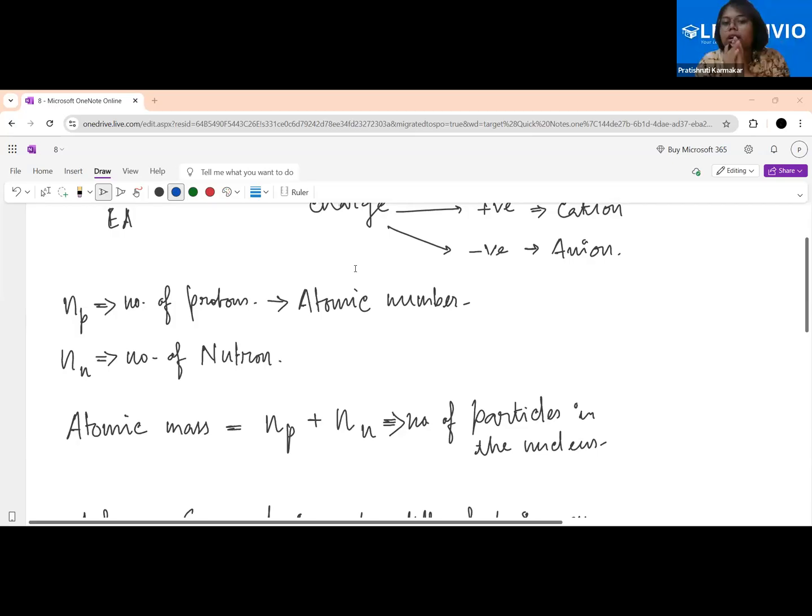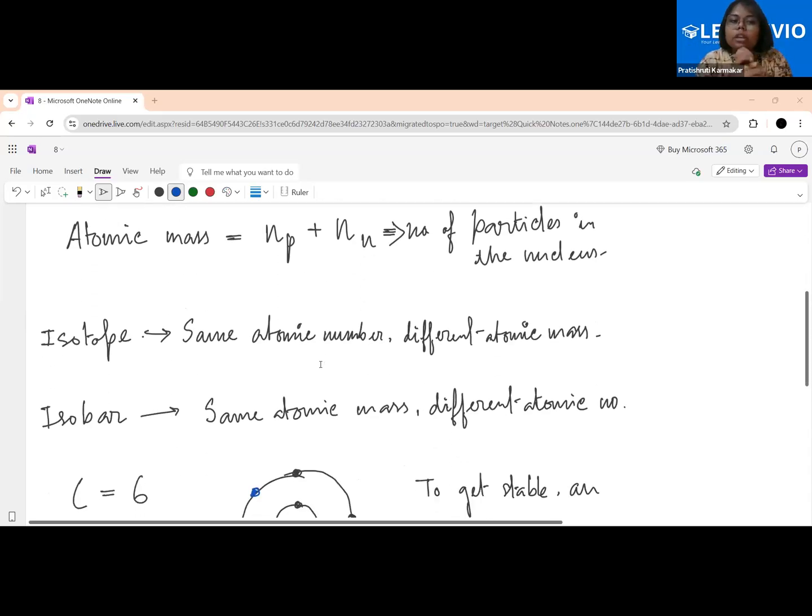The addition of number of protons and number of neutrons is atomic mass, and number of protons is atomic number. And then we talked about isotope and isobar. Isotopes are atoms which have the same atomic number but different atomic mass, and isobars are the same atomic mass and different atomic number.